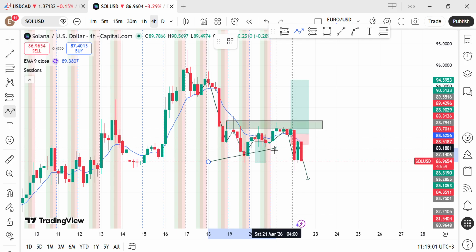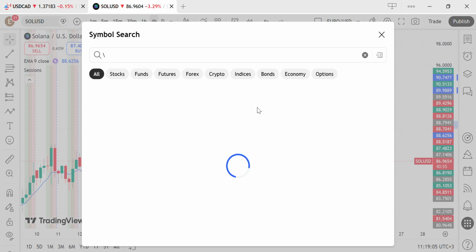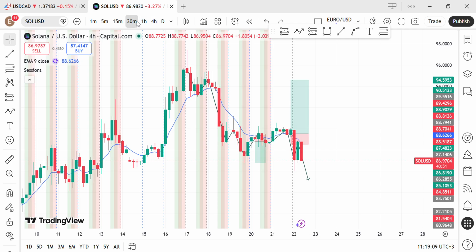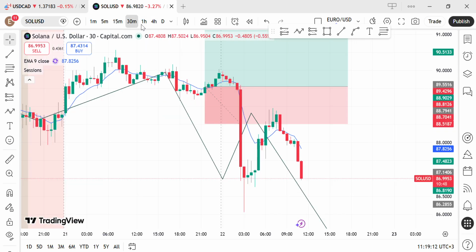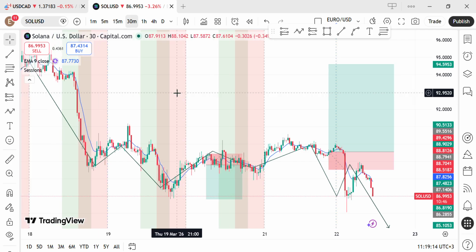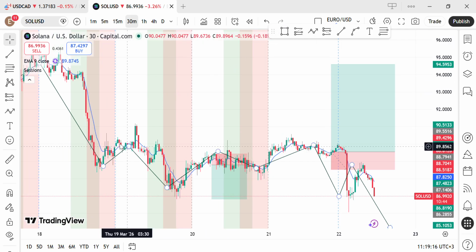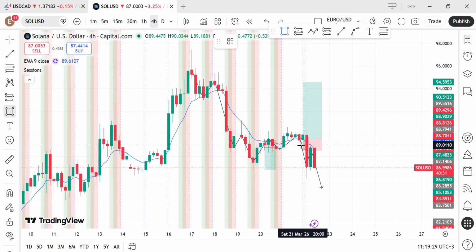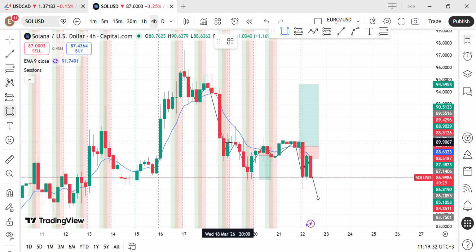So that's why, when you scale even into the 30 minutes, let's say you put this zone here, let me mark it in the 4-hour and see where it will reach.